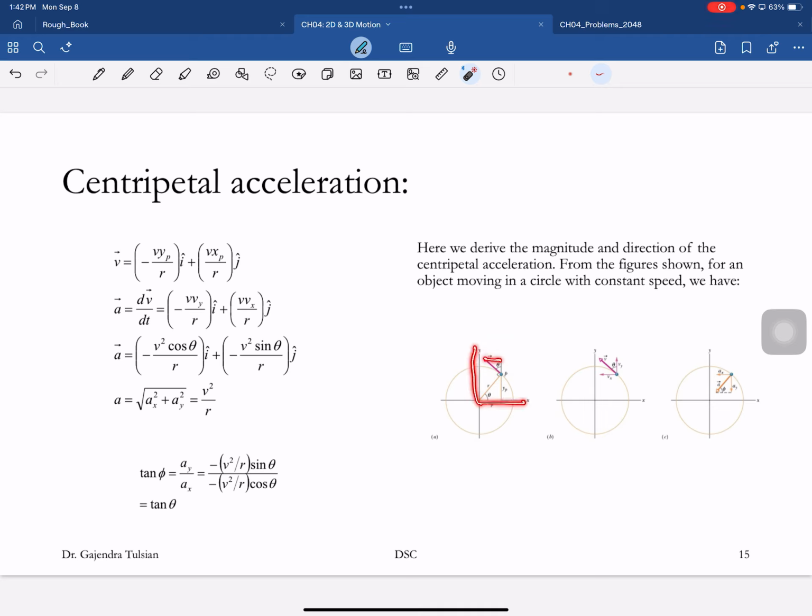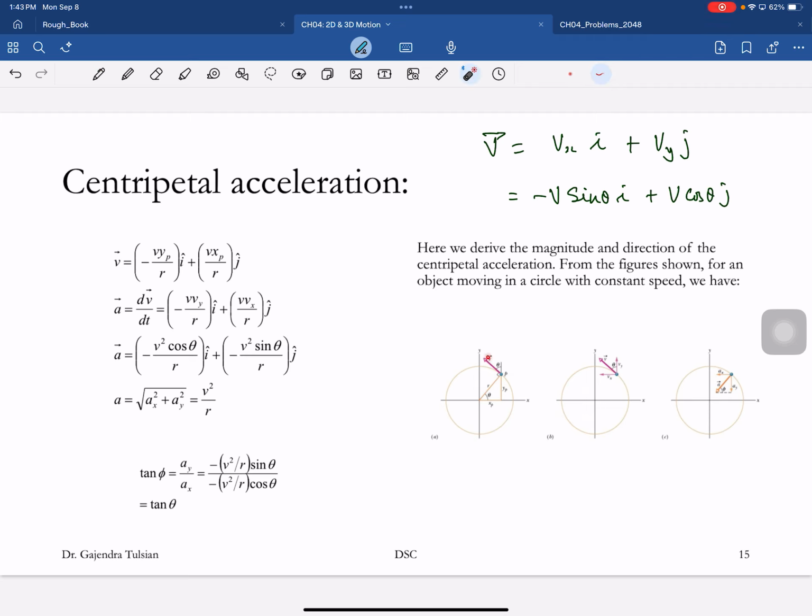The velocity is Vx i plus Vy j. The x component of the velocity is negative V sine theta, plus V cosine theta j.